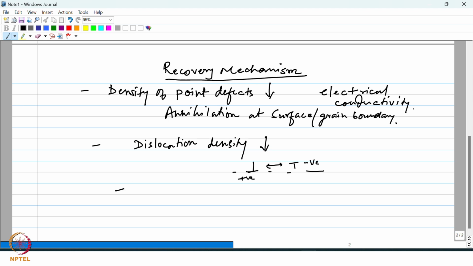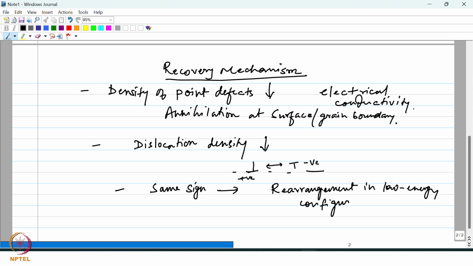Now when you have dislocations of same sign, then this annihilation can take place by some kind of rearrangement into a low energy configuration. For example, dislocations can get rearranged into a tilt boundary.